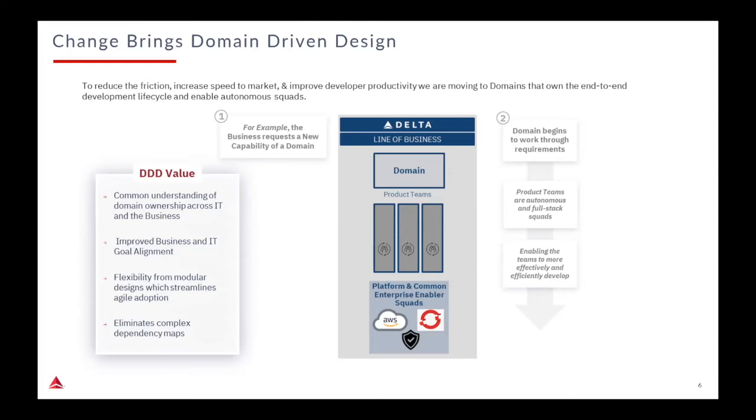You'll see I'm balancing between the IT side of things and the business side of things. Each one of these domains aligns to a particular business. We'll talk more about domains, what ownership of that domain means to us as an organization, and how we're starting to enable some of the products within that.